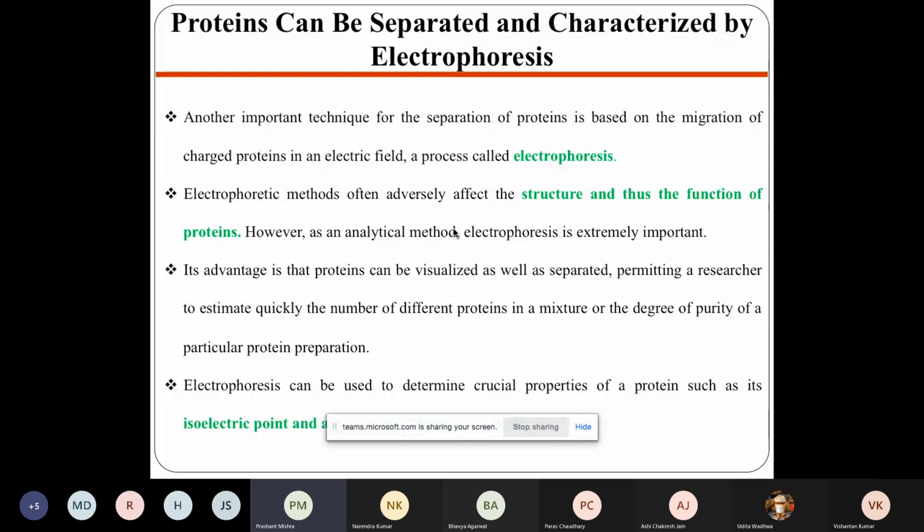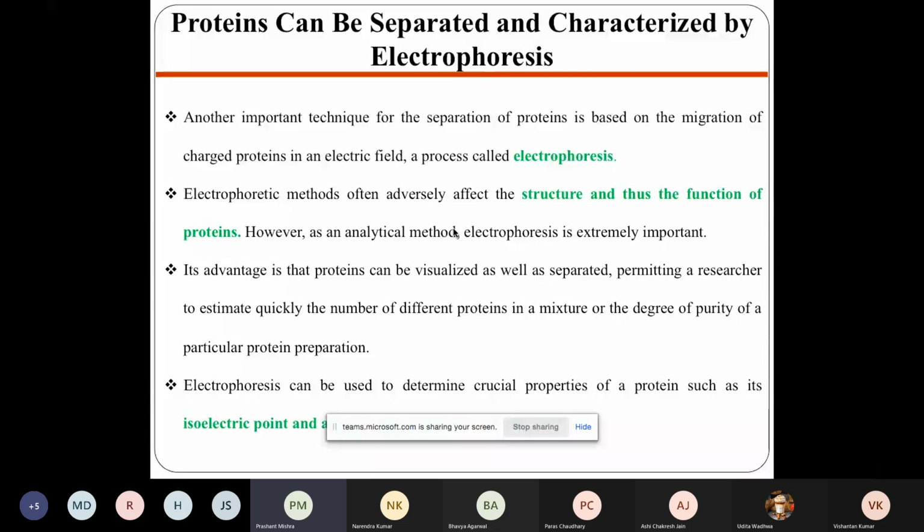One can estimate quickly how many proteins are present in your mixture and what is the degree of impurity. I will show you one of the electrophoretic separations, which will show how proteins can be separated and how different techniques are used to separate the protein on a larger scale and then check whether they have been purified or not.